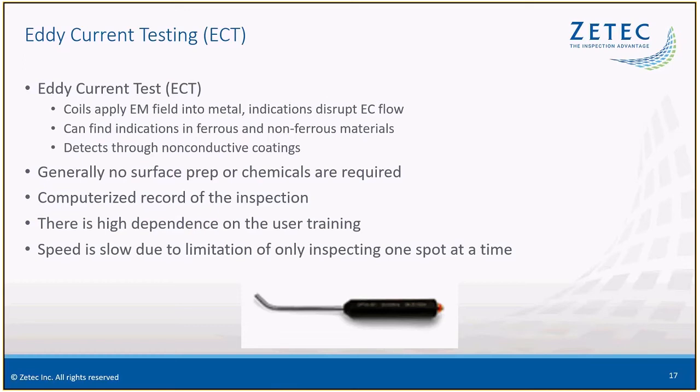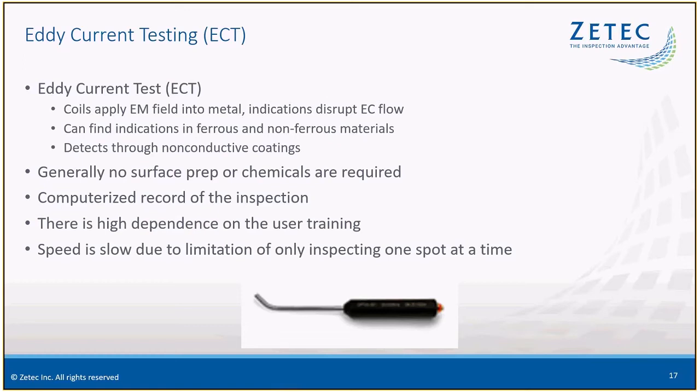That field will flow around any indications or flaws in there, and the coil detects those magnetic field changes, and you get a response. You can go through non-conductive coatings, and you can test both ferrous and non-ferrous materials. You do need conductive material to be able to create the eddy current field.